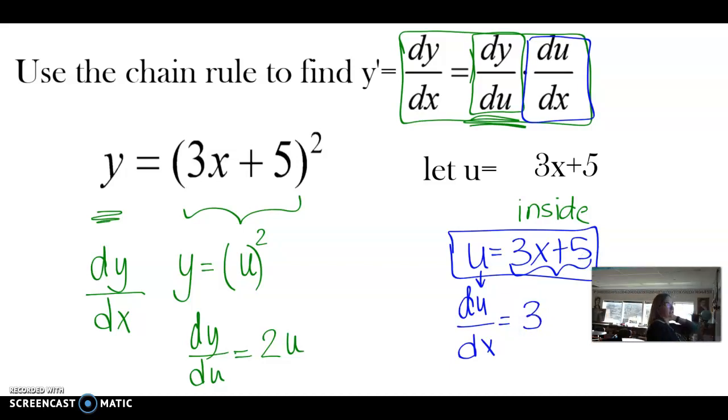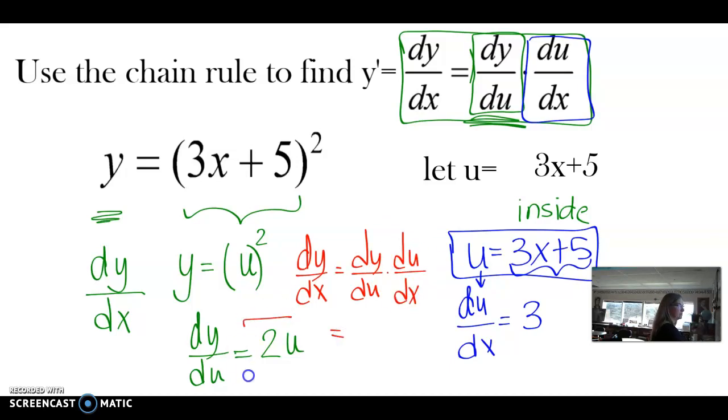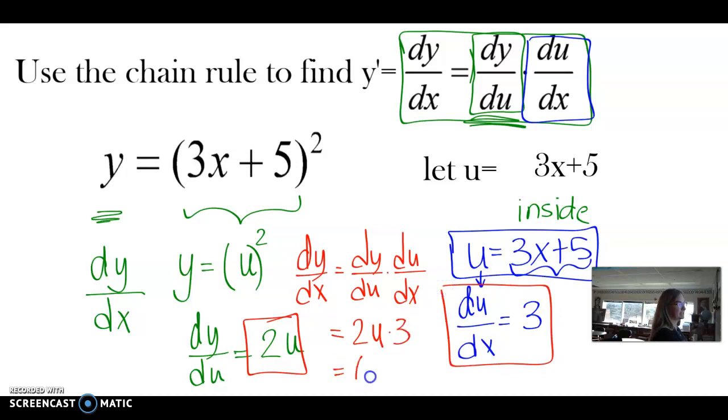So then the entire derivative, dy/dx, is equal to dy/du times du/dx, and we just found these two things, so it is equal to dy/du, which is right here, 2u, times du/dx, which is right here, times 3, and that is 6u.